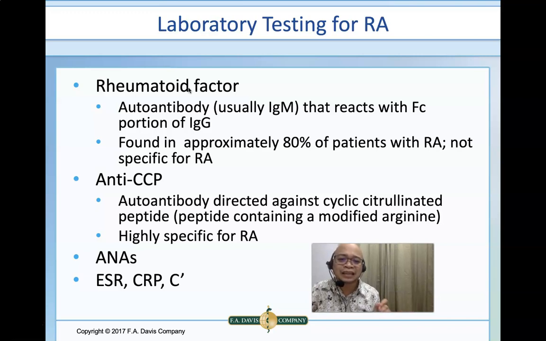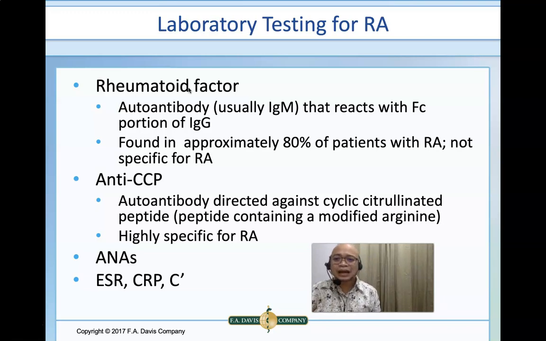Most of these antibodies are IgM by nature, and the rheumatoid factor autoantibody reacts with the Fc portion of IgG, which is actually not normal. Okay? Rheumatoid factor is found approximately in 80% of patients with RA. And like I've told you, rheumatoid factor may not necessarily be specific for rheumatoid arthritis.